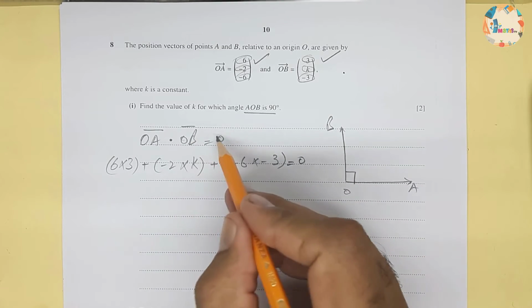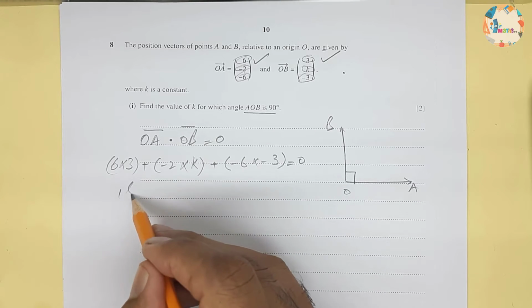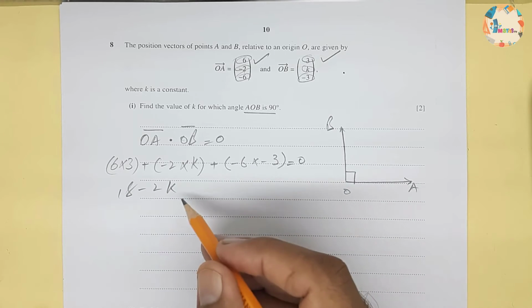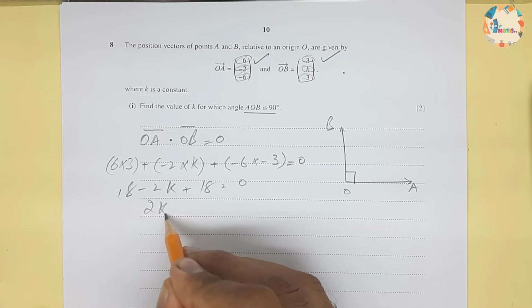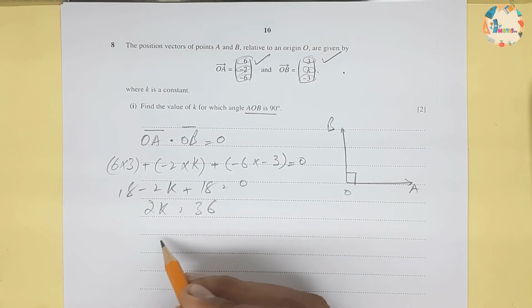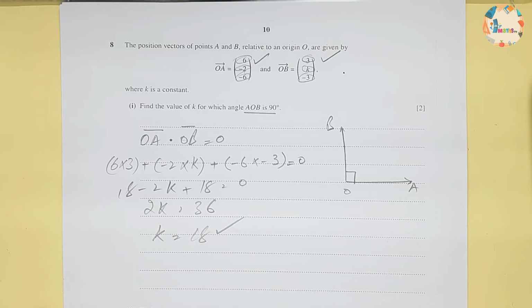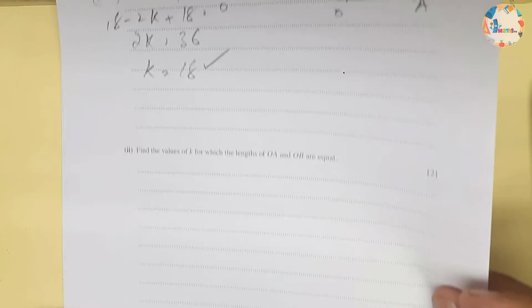This is by the condition of a dot product of vectors. So this will be 18 minus 2k plus 18 is equal to 0. So 2k is equal to 36 and k is equal to 18. This will be our answer. K value will be 18.